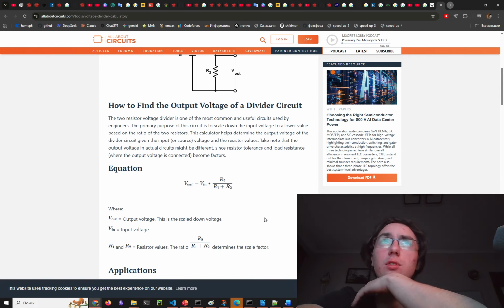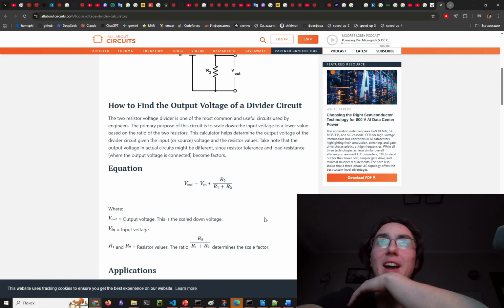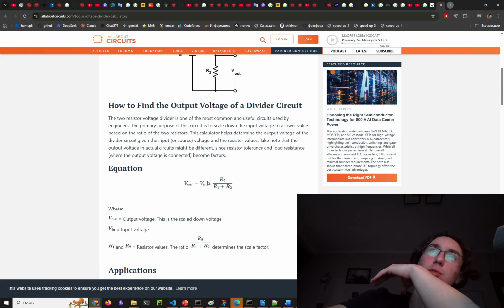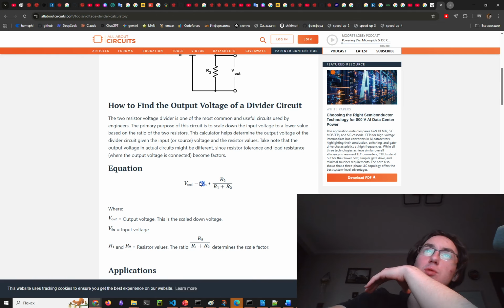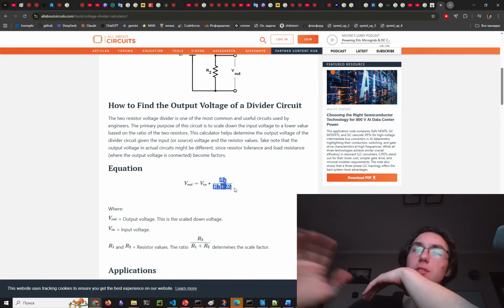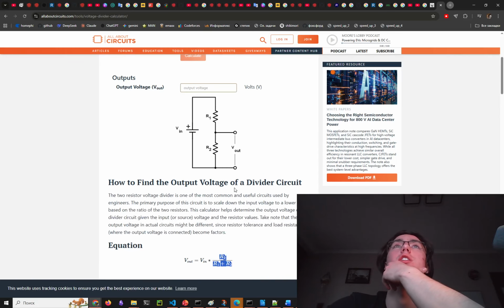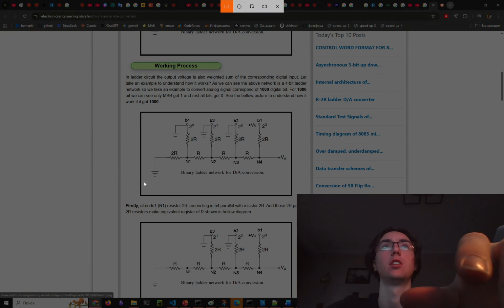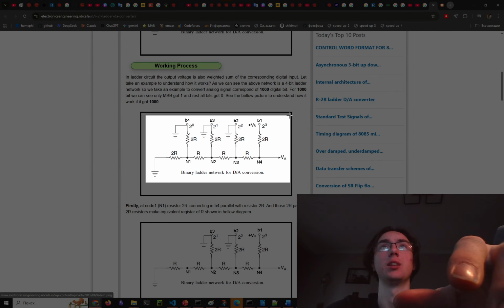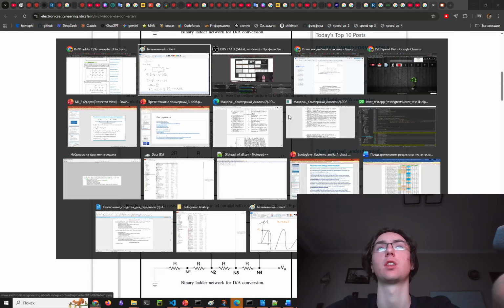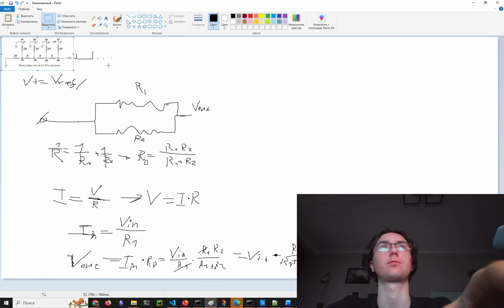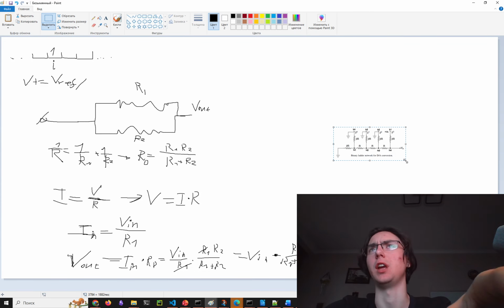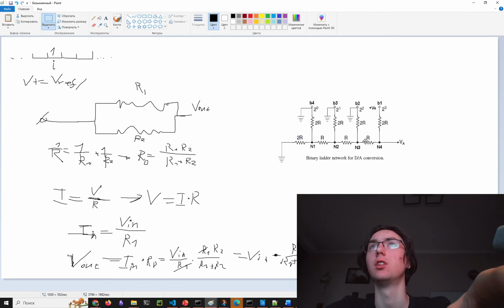So the output voltage will be definitely less than V input voltage. And it will be less by this many times, yep. So now let's just quickly look at how to apply this to this chain. Yep, just quickly think and apply this formula. Damn, it's so small. Yep.